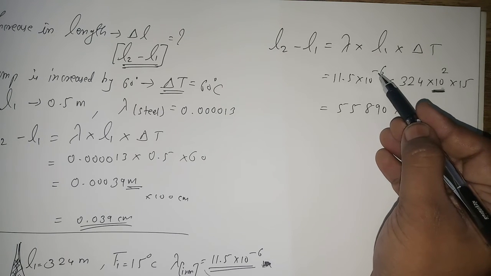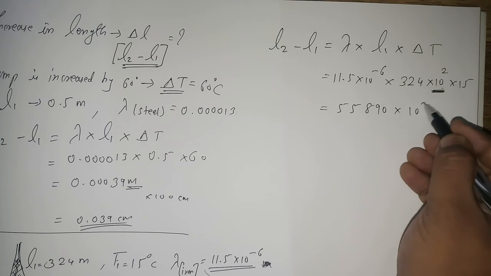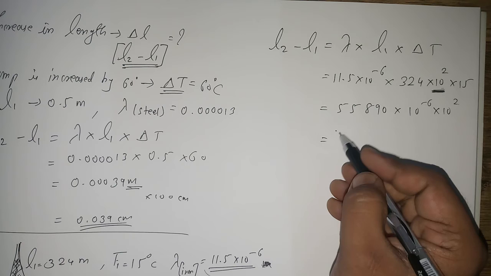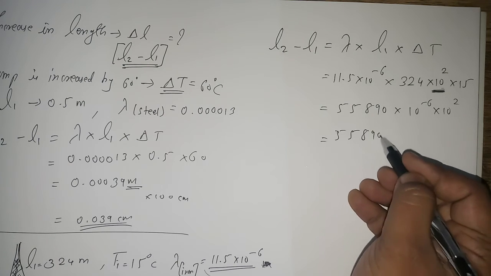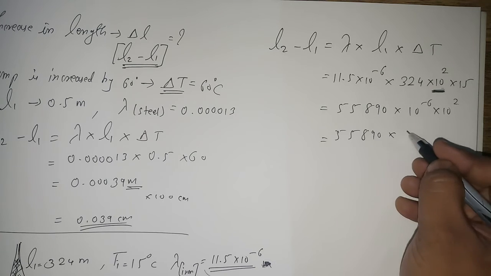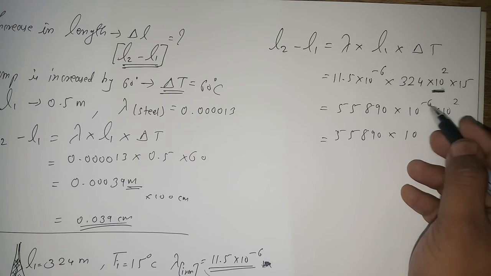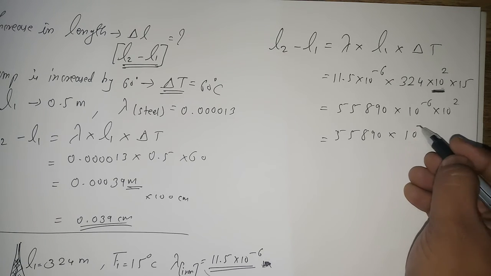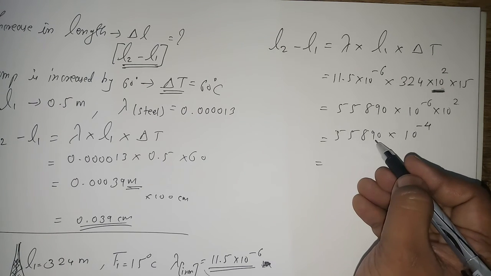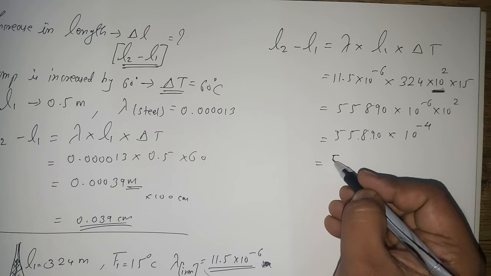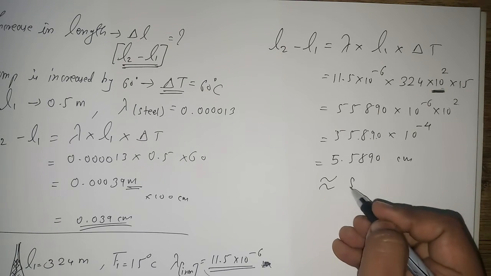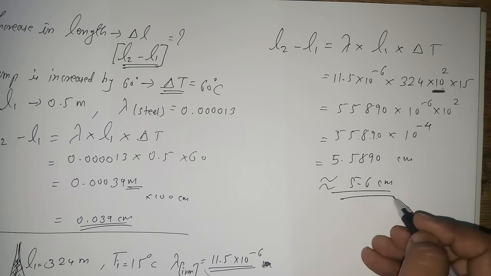This is 10 raised to minus 6 and this is 10 raised to 2. 55890. You know the maths, right? A raised to m into a raised to n equals a raised to m plus n, minus 6 plus 2 is minus 4. 10 raised to minus 4 means 4 decimal back, 1, 2, 3 and 4. 5.5890 centimeters, approximately 5.6 centimeters.